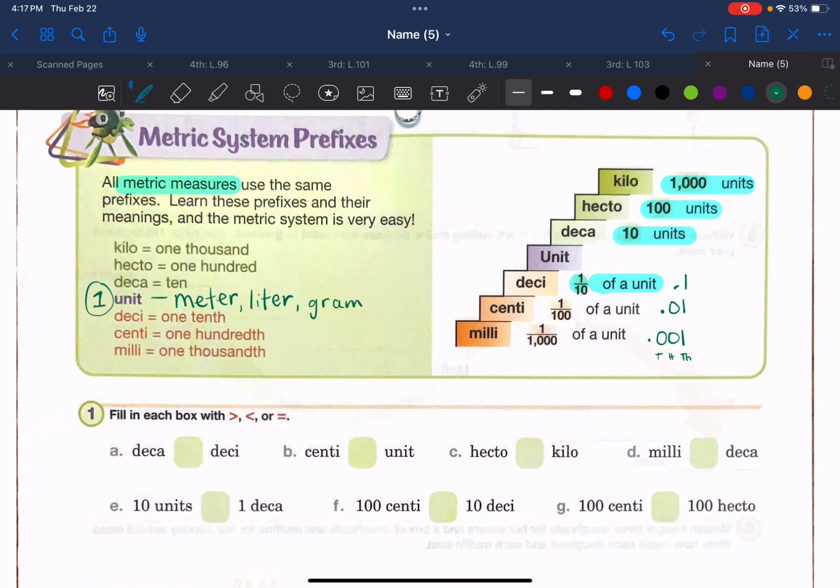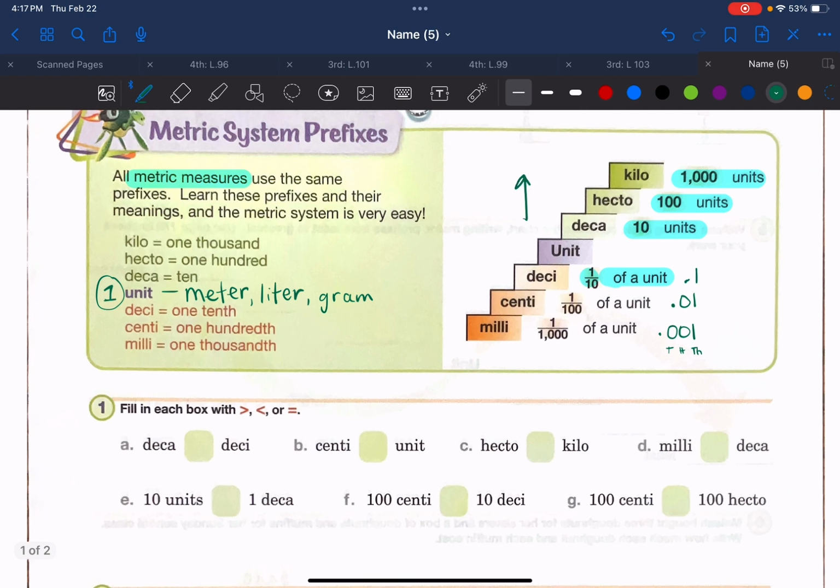Okay, then it says fill in each box with greater than or less than or equal to. So it wrote it on a stair step. These get bigger, obviously, and it goes up the stairs. Unit being like 1, like the whole, okay? And then these here are less than a whole.